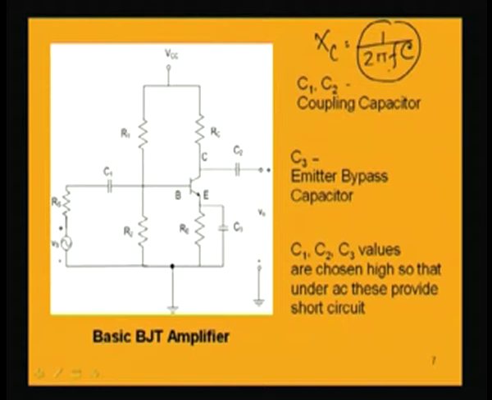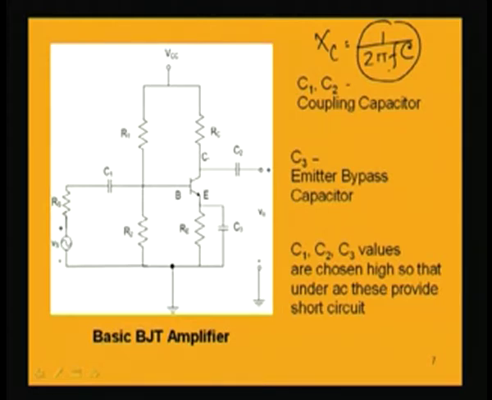DC analysis we have earlier done in the biasing schemes that we discussed. Now, under AC operation we will be focusing on the AC operation, and the first and foremost thing is to draw the equivalent circuit for AC, that is, the AC equivalent circuit.